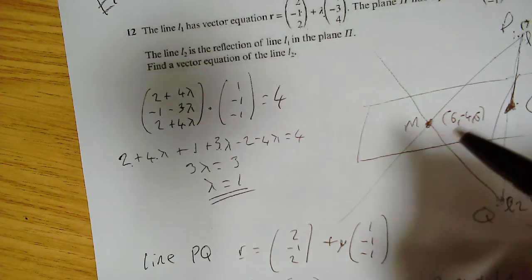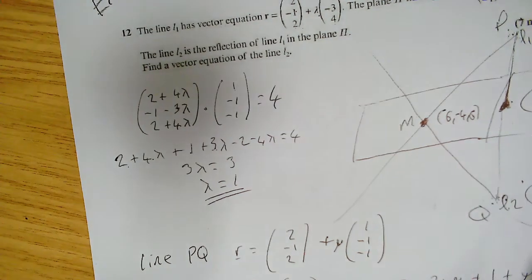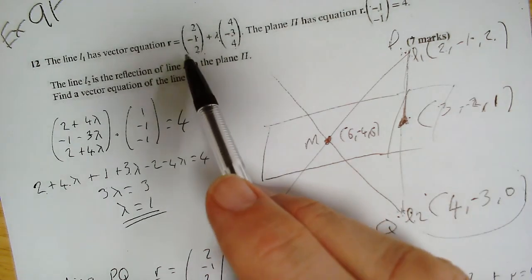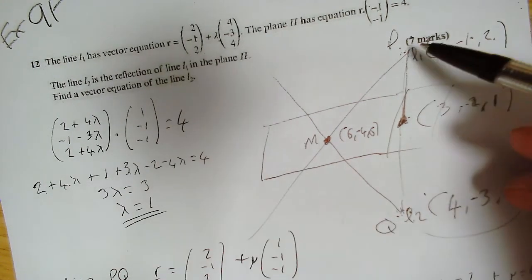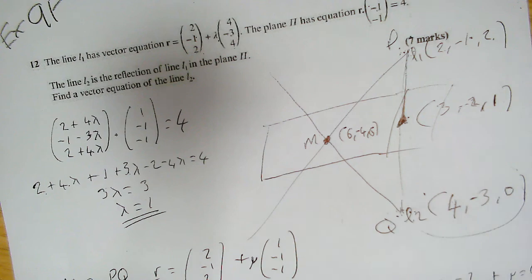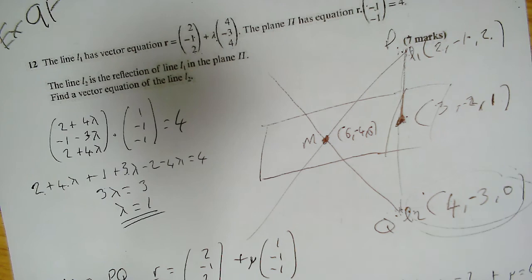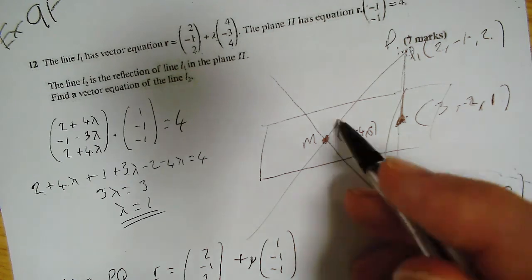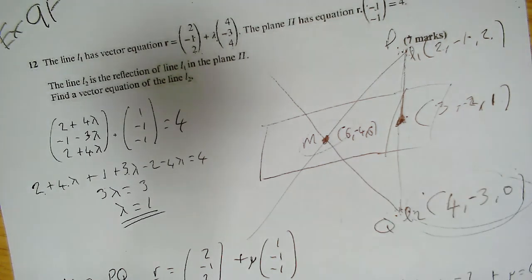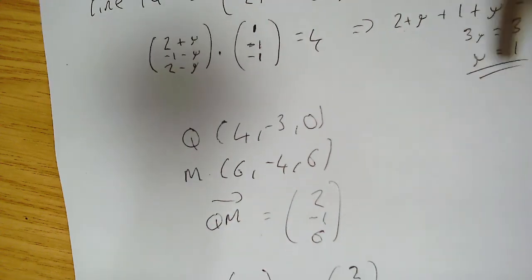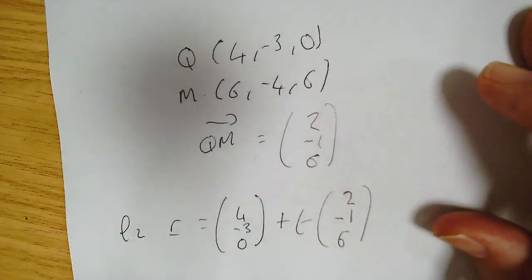I've then taken a point I know is on the line, which is the jumping on point from the equation, and I've reflected it in the plane using the technique you did earlier in this chapter. So I know Q is going to be on my new line, and I know M is going to be on my new line. Once I've got those, the job is done. Now, I think that's quite a tough question. I hope it's clear. Thank you very much.